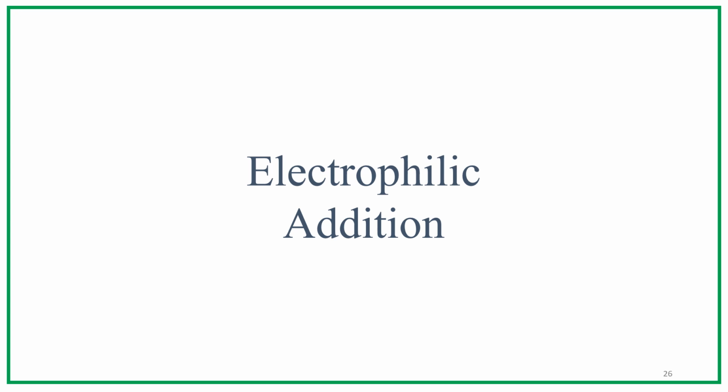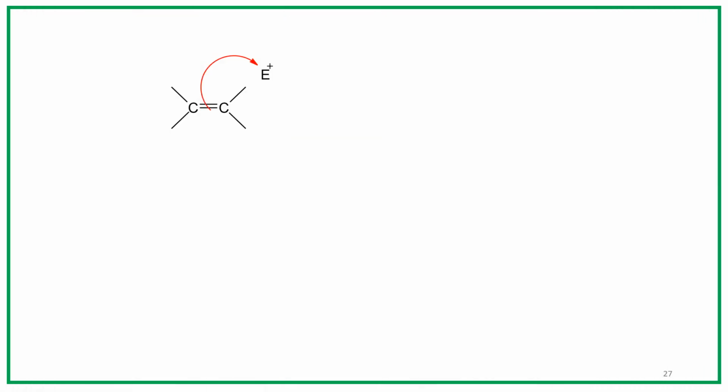Next type of reaction, let's talk about electrophilic addition. Here it involves electrophiles and an addition reaction. This is an example of some kind of opposite of elimination reaction. This double bond contains pi electrons.